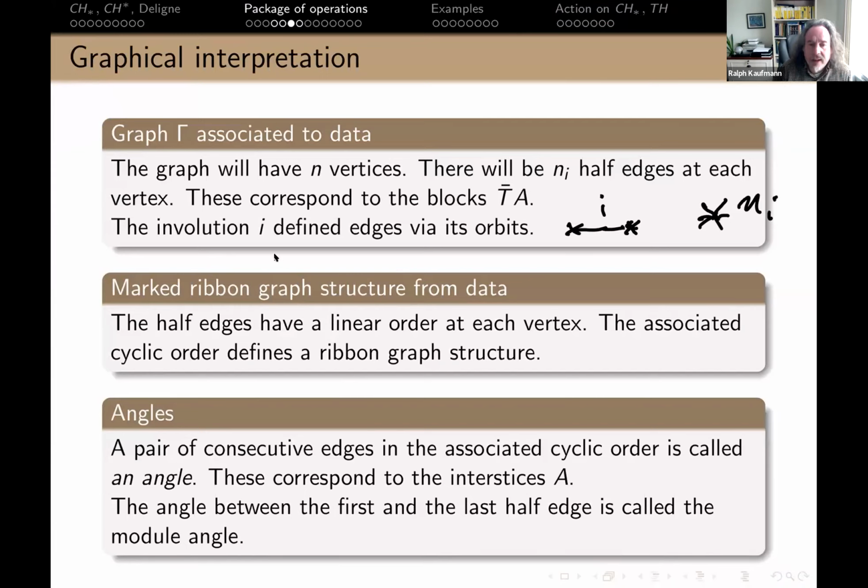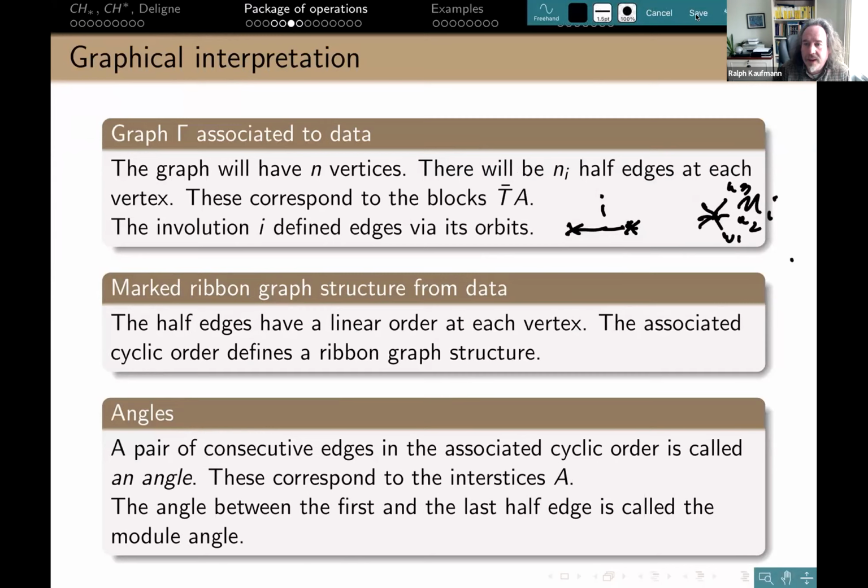Now I have more data, because this ni, remember, was a word, and that word started with A and then word and then A and then word. So these words come in a cyclic order. They actually come in a linear order, right? Secretly this was W1, W2, W3. So they come in a linear order.